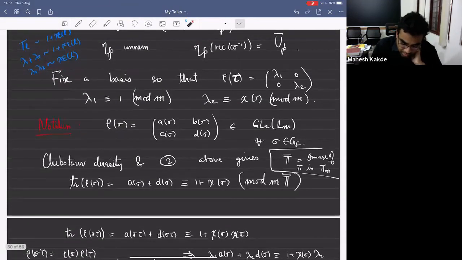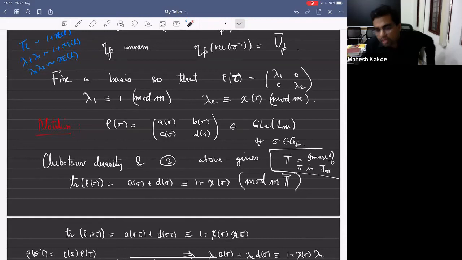So these A, B, C, and D a priori live only in the total ring of fractions of my TM. I don't know whether they live in TM or not, and this is slightly tricky. We'll soon show that, because of the way we chose our tau, A and D live in TM.